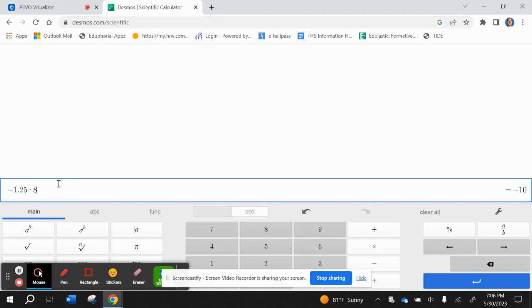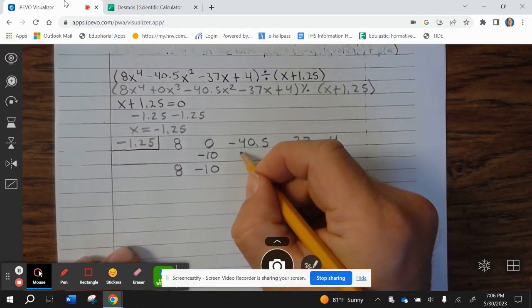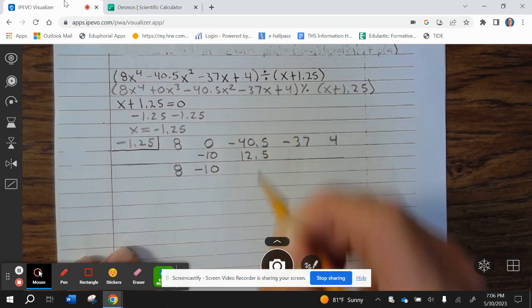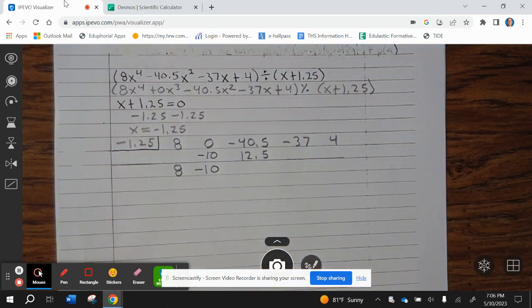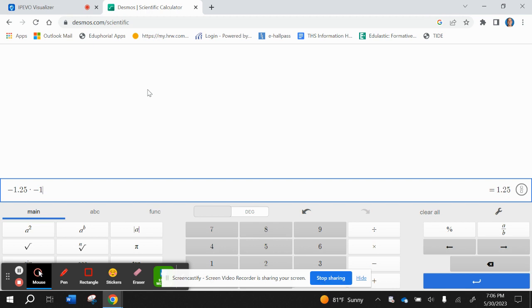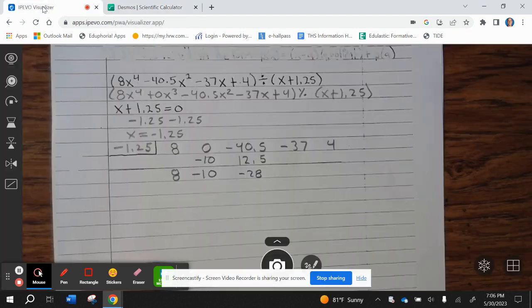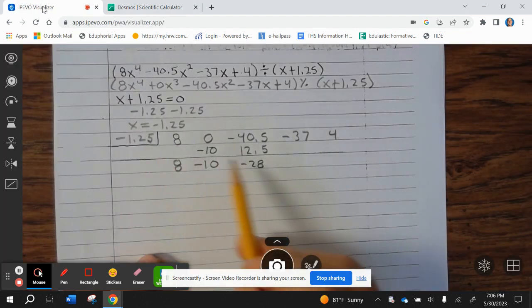And I can just keep the negative 1.25 times negative 10 is 12.5. Okay. So then we're going to do negative 40.5 plus 12.5 is negative 28. Now we're going to multiply this.